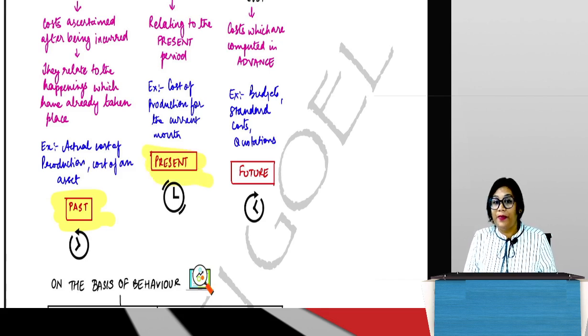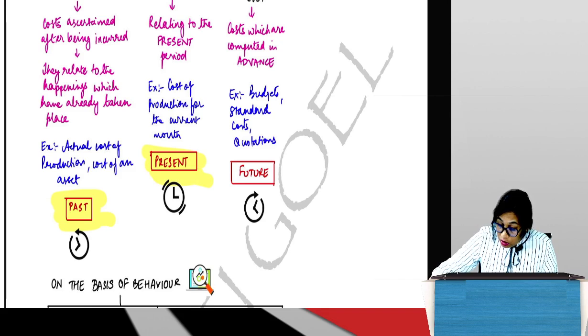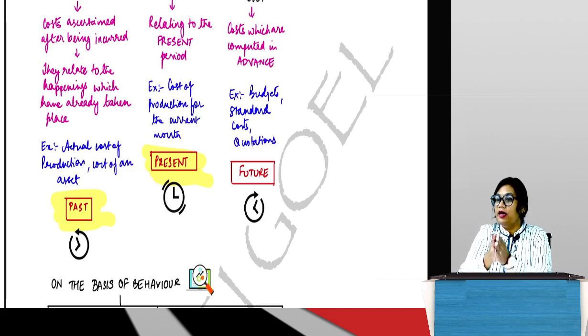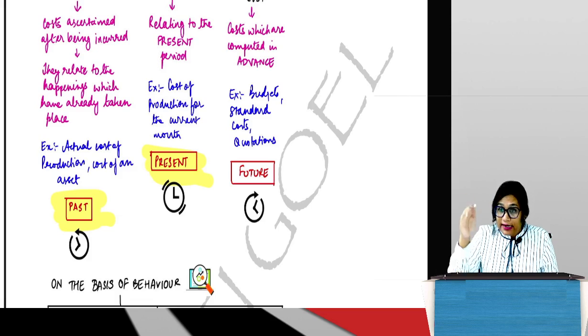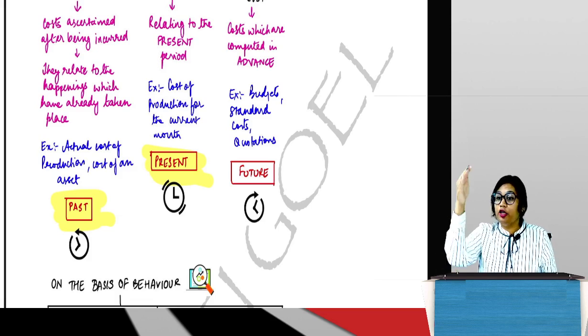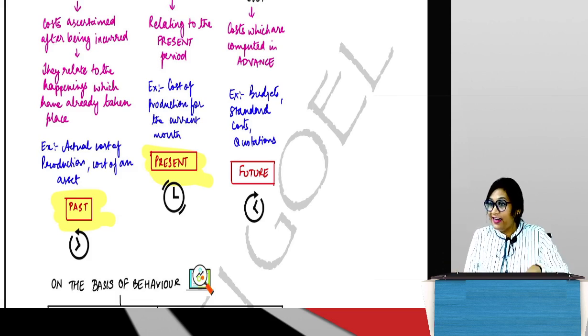Right now there is an event taking place. So what is the date or month that we are looking at? Let's say we are in the month of March right now. I ask you, calculate the cost pertaining to March. So that is right now.